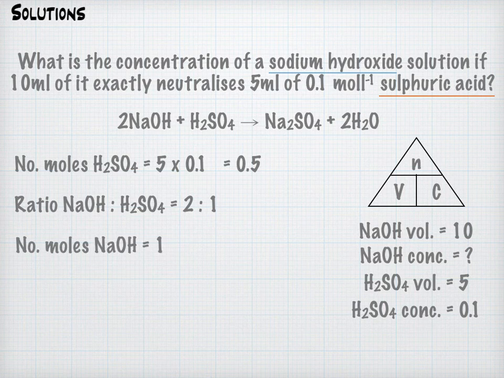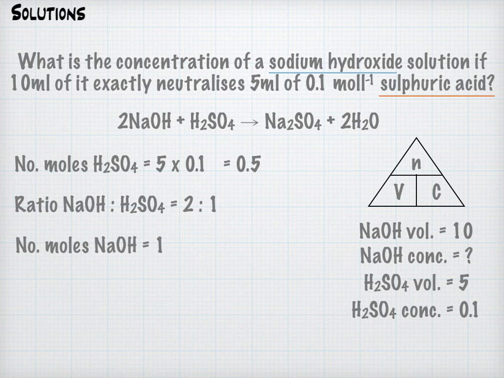That's what the equation is telling me. Now notice here, the thing is, this is a ratio. That's what I'm dealing with, a ratio of number of moles of one thing to the number of moles of another. That's why we don't need to worry too much about the litres thing here.